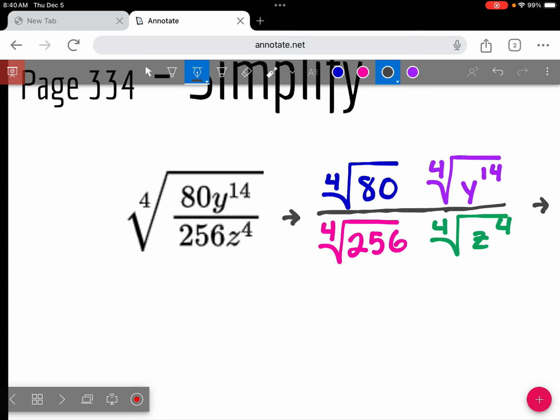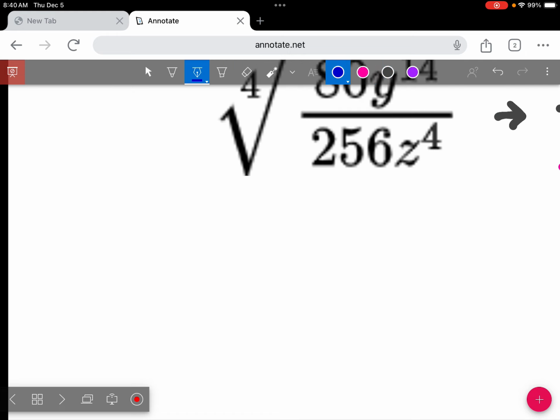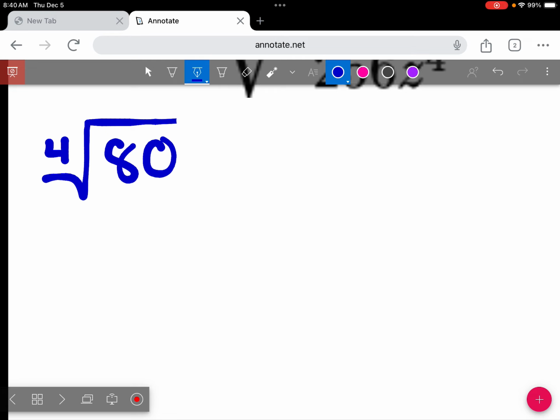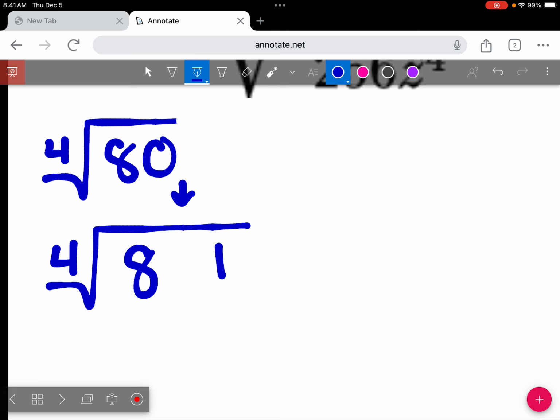So with our index of 4, we're looking for groups of 4. So when we look at our 4th root of 80, why I made that tail so long. What can I do? What's going to multiply to make 80 that we could split this up into? 8 and 10 is a fine place to start. 8 and 10.